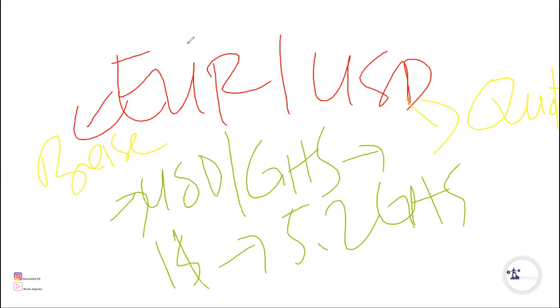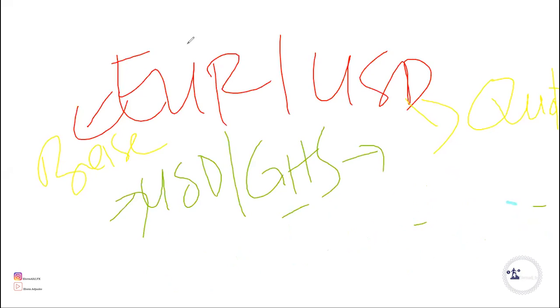When you go to banks, you'll be seeing something like 5.2 and 5.1. It means that one US dollar has been quoted in Ghana cedis at 5.2 Ghana cedis.